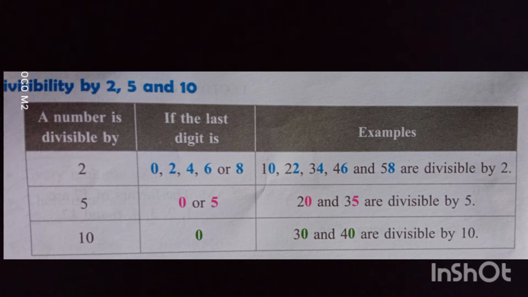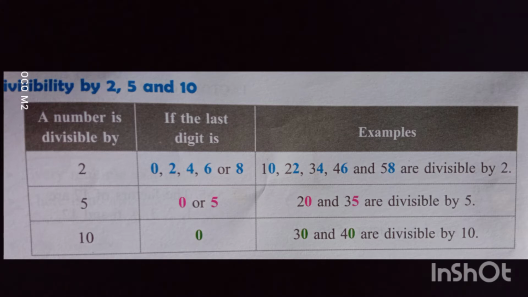Same way, any number like 22 which ends with 2, 34 which ends with 4, 46 which ends with 6 and 58 which ends with the digit 8 are divisible by 2.